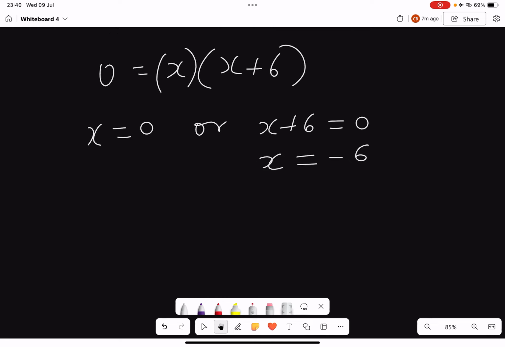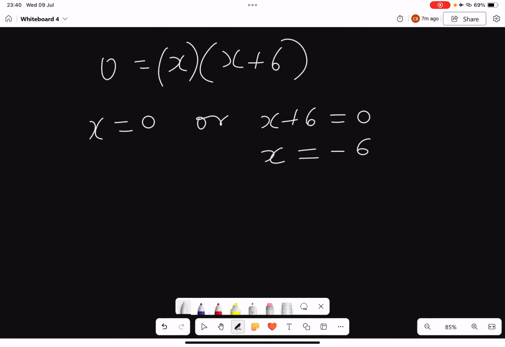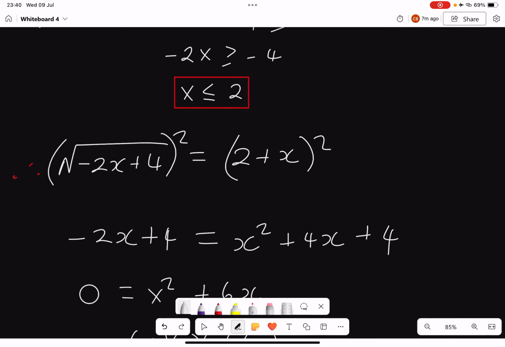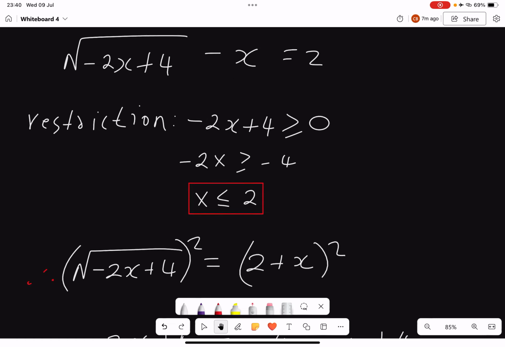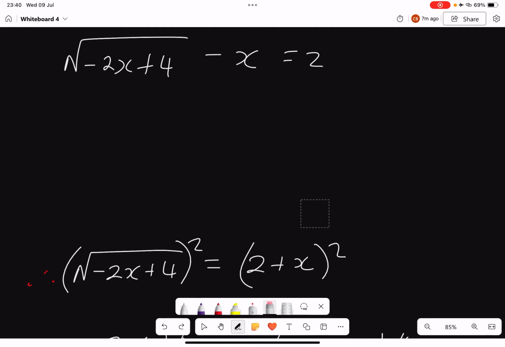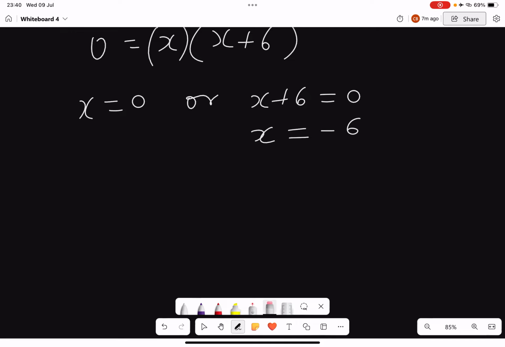I might have made something wrong here, because minus 6 doesn't work. Also, ladies and gents, we need to acknowledge what x must be. Let's check this. The best advice I can give you is to remove this and check the answers manually.